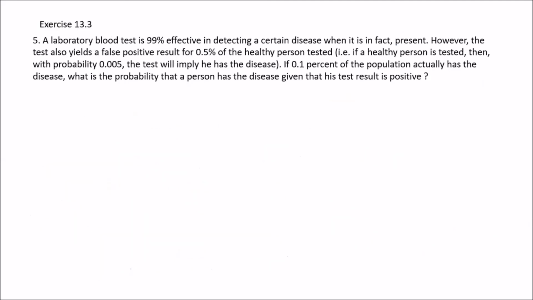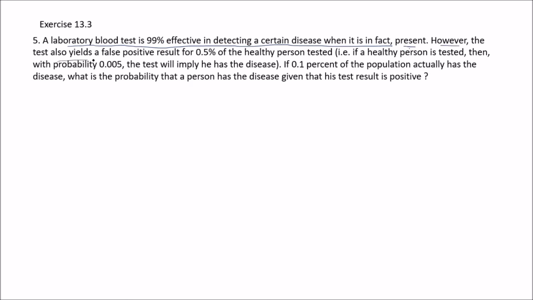Now taking a similar question in your textbook. What is the question? A laboratory blood test. You can go through the question. The blood test is 99% effective in detecting a certain disease when it is in fact present. When present, it is showing 99% positive.